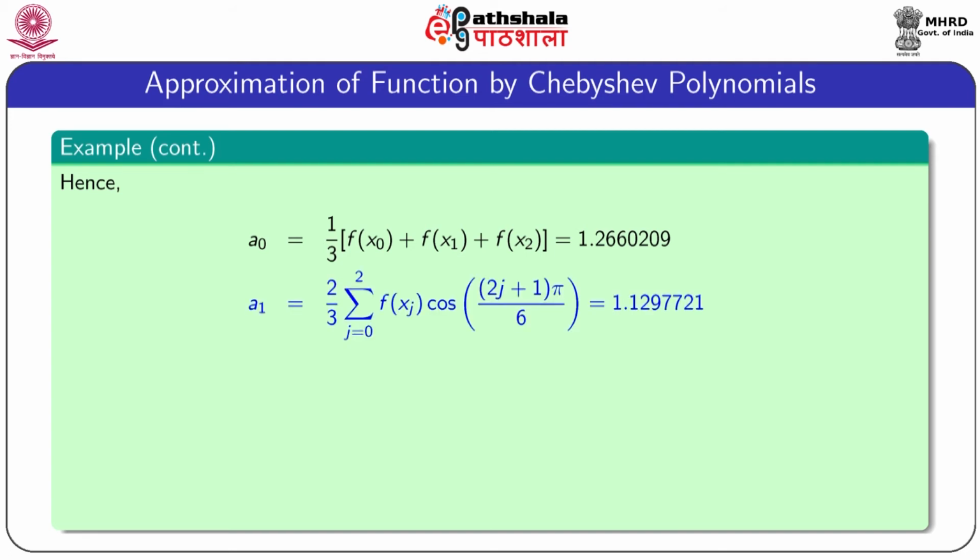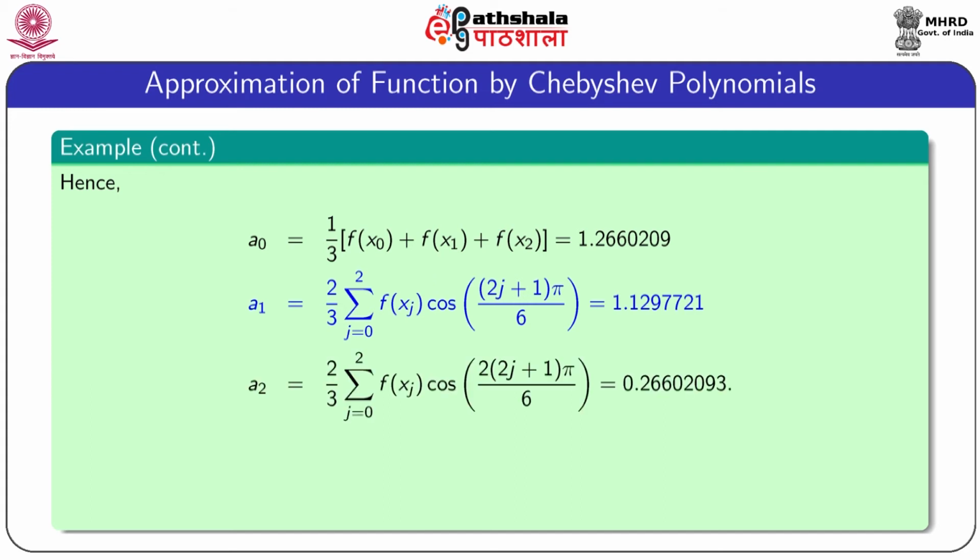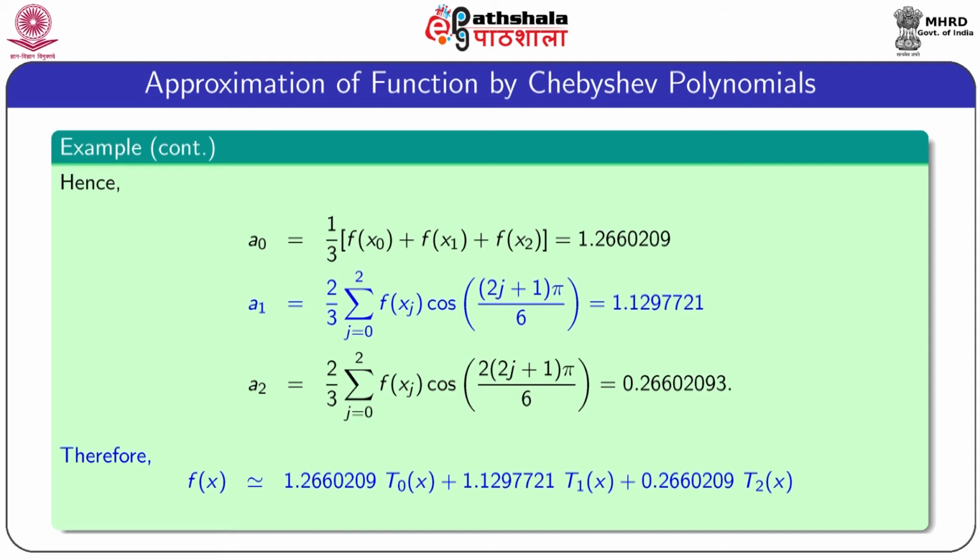a1 is equal to 1.1297721 and a2 equal to 0.2660209. Therefore, the function f(x) is approximately equal to 1.2660209 into T0(x) plus 1.1297721 into T1(x) plus 0.2660209 into T2(x).